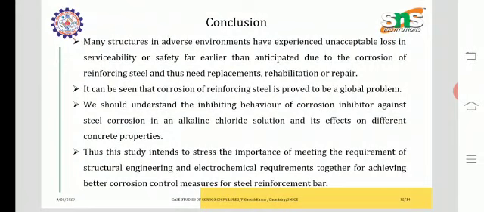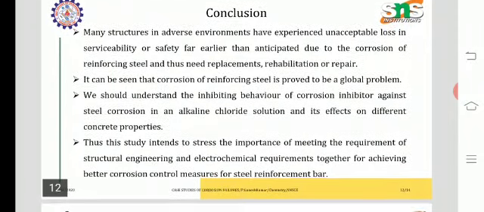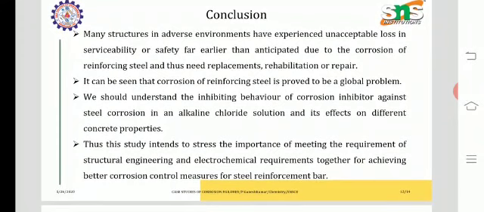So another suggestion may be given to decrease the corrosion effect. We can also add chromium, an anti-corrosive material, which can provide some resistive effect to the material to avoid corrosion.